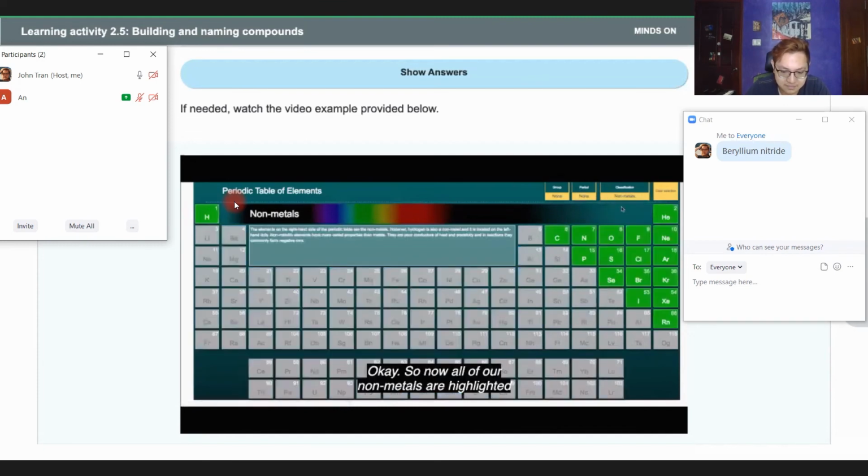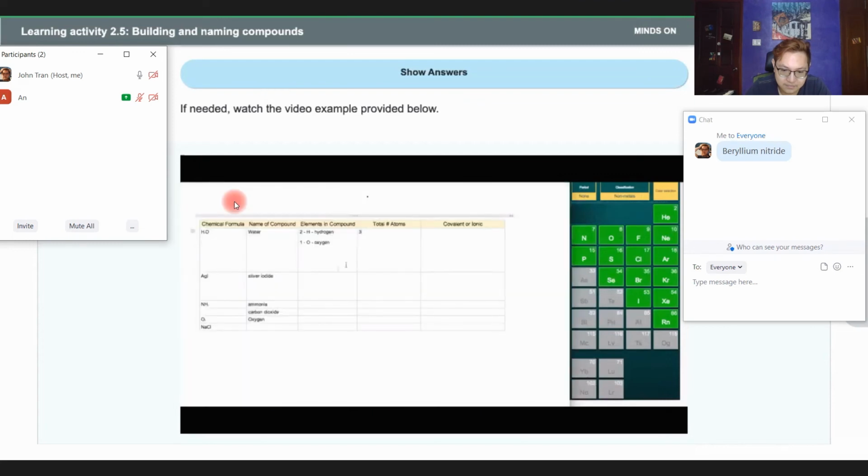Now all of our nonmetals are highlighted in green and they are both highlighted. So we have two nonmetals bonding together, and when we have two nonmetals bonding together, we have a covalent bond. We know this because we have two nonmetals bonding together. Okay, so there's our first example.